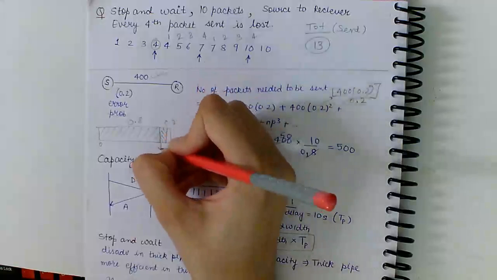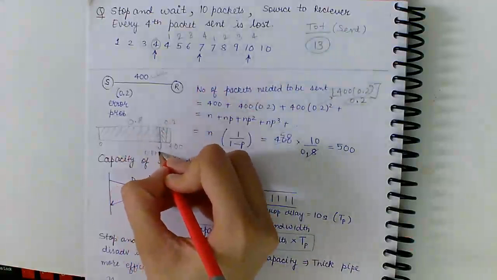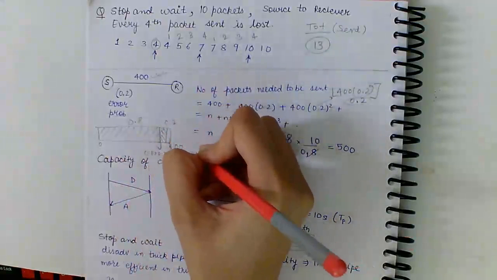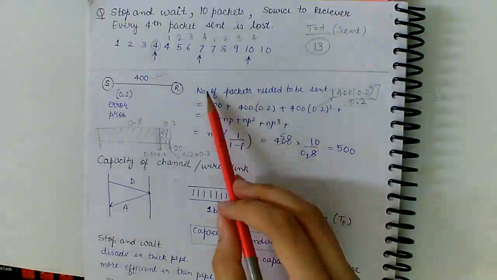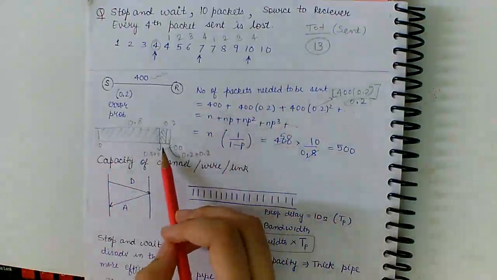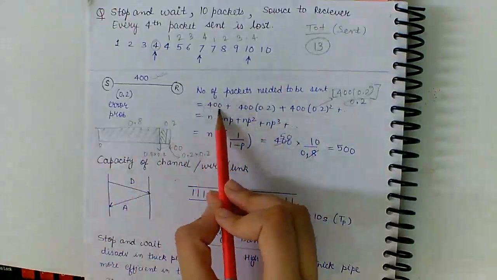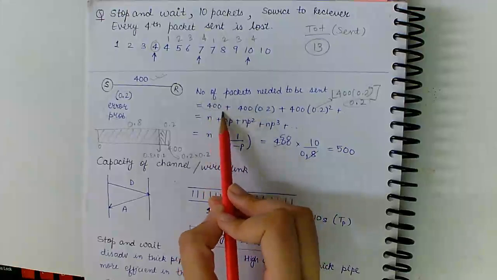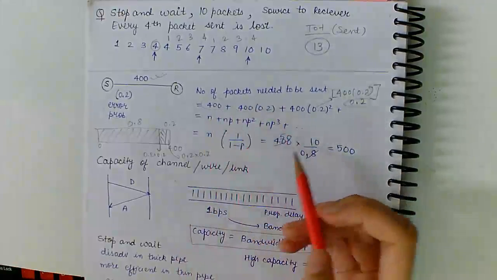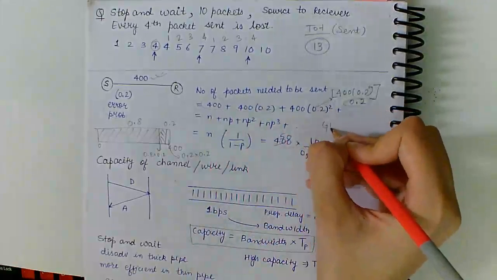So the next time we send this much, that is 0.8 of 0.2, and frames left is 0.2 of 0.2. So the number of packets sent is 400. So we send the whole packets, and we have to resend 0.2 of them.